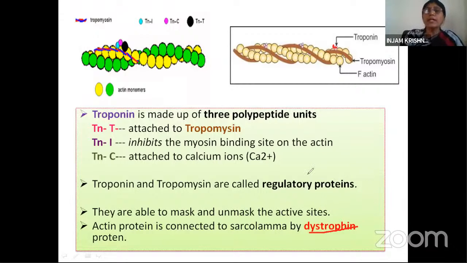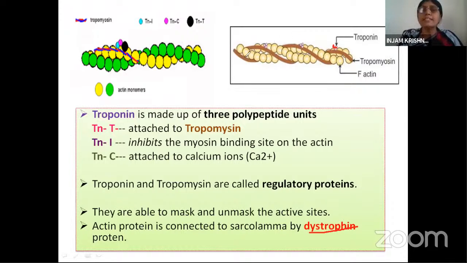Where is it located? Here, don't forget this. We are studying about the muscle fiber, that is the muscle cell. Inside the muscle cell, muscle fibers are arranged parallelly and sarcoplasm is there. In sarcoplasm only, muscle fibers are arranged, fibrils and filaments, and then sarcoplasmic reticulum is there, and plasma membrane or sarcolemma is there.